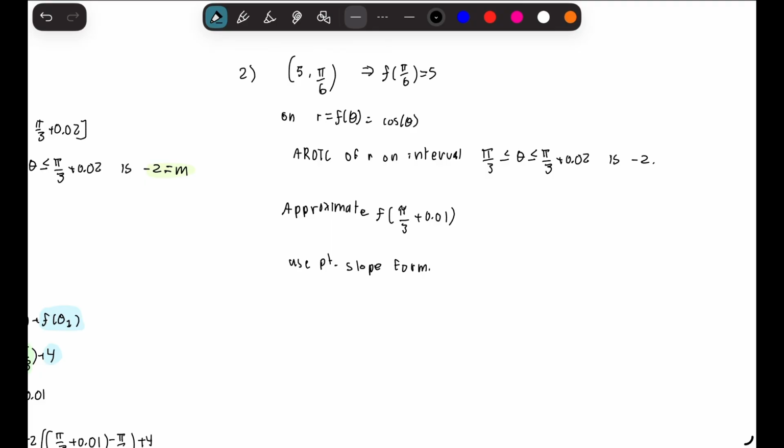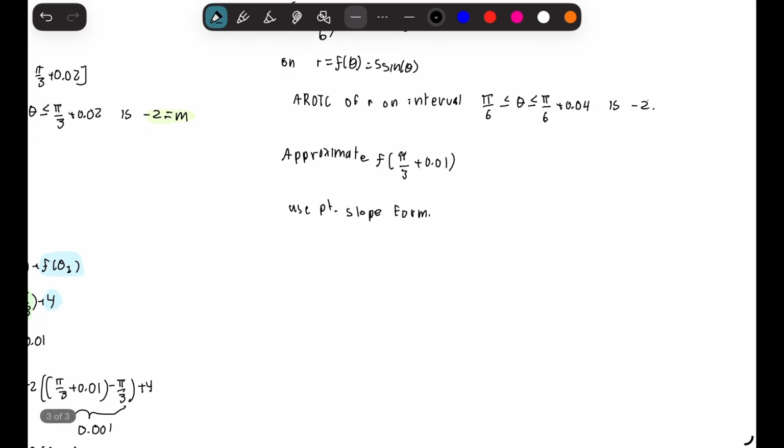This is going to be 5 sine of theta. Instead we have pi over 6 plus 0.04, and this is going to be equal to 3, and we want to approximate pi over 6 plus 0.02.